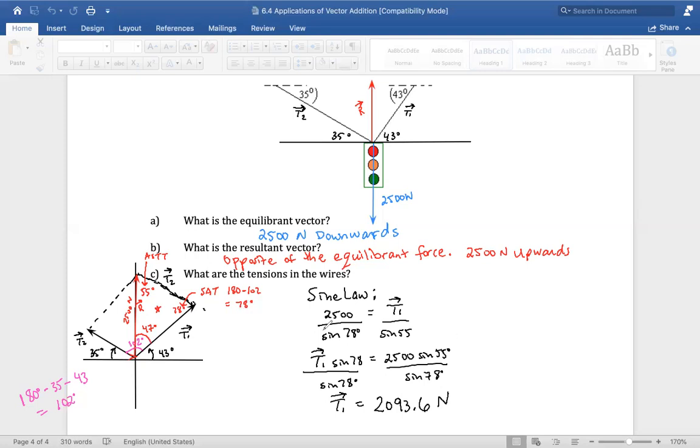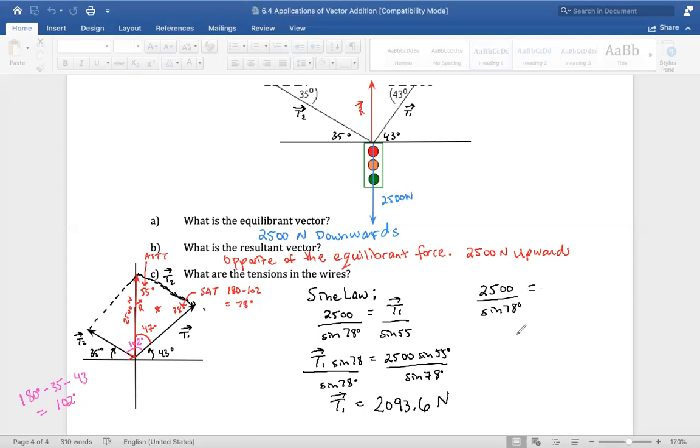So that's one side. Now to get the other side, the longer wire, which has the lesser force, this top part here of our triangle. Again, go with what's given first. I had the 2500 and the 78 given to me, so I would go with 2500 over sine of 78.